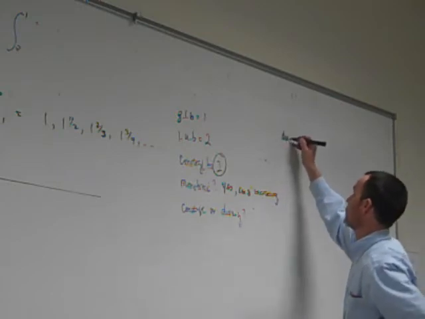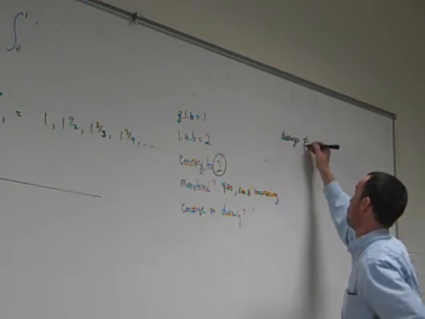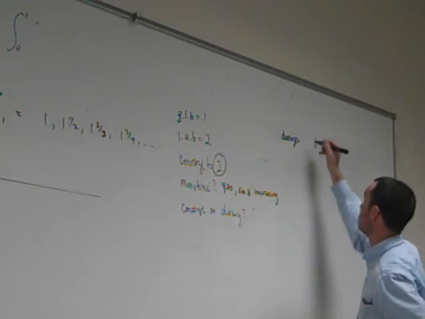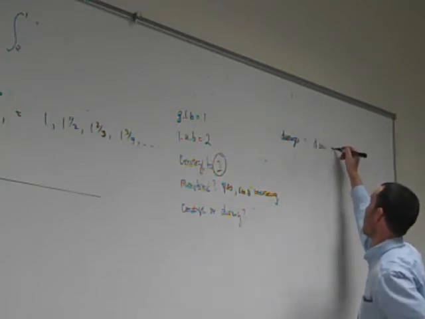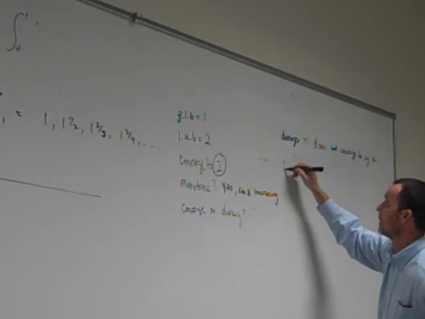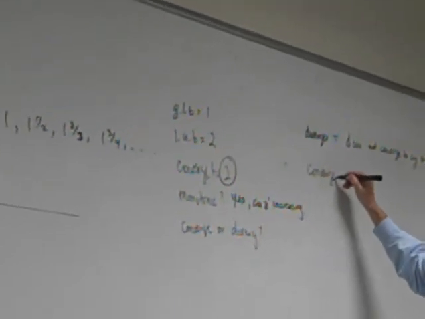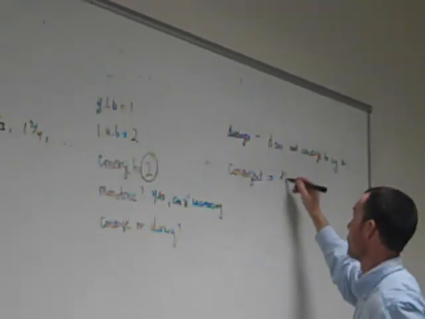So diverges equals does not converge to any number. Convergent equals there is some number to which it converges.